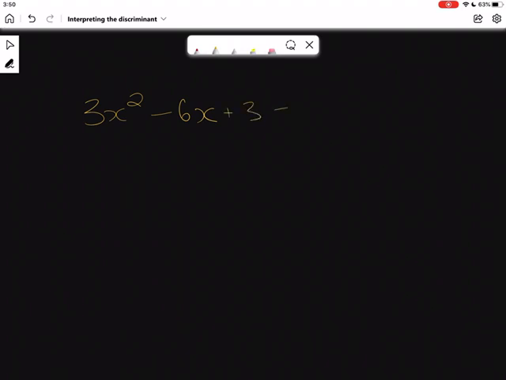Let's do that. Equals 0. Okay, so here a is equal to 3, b is equal to negative 6, and c is equal to positive 3.